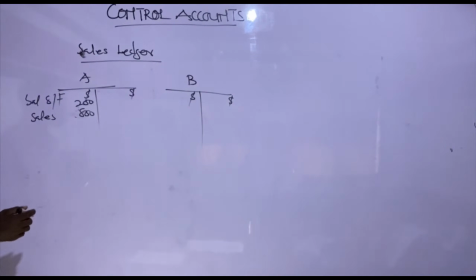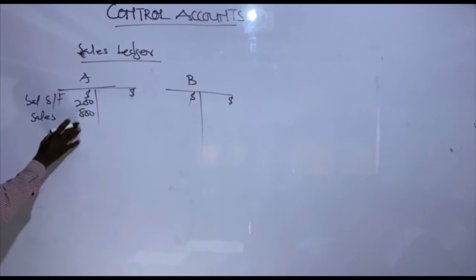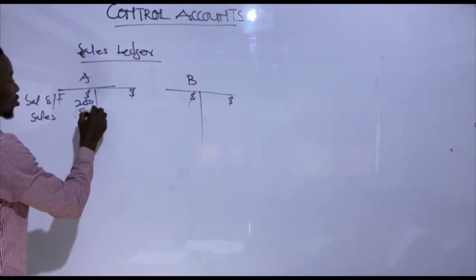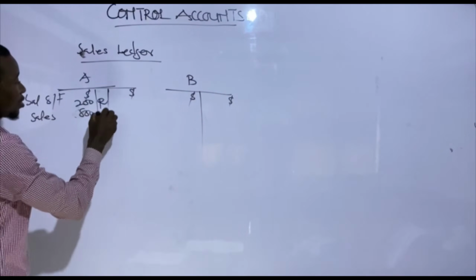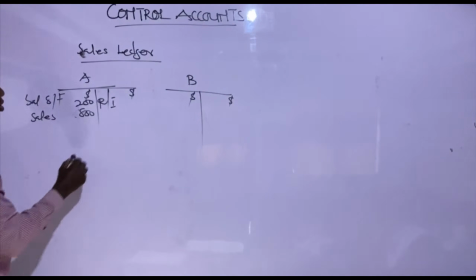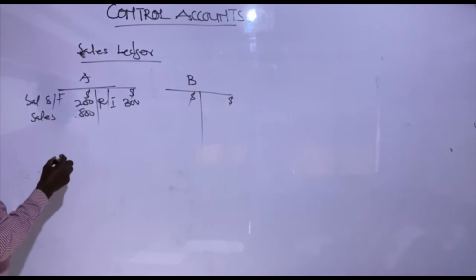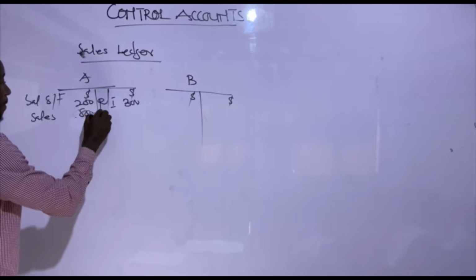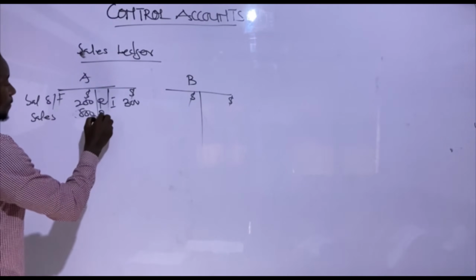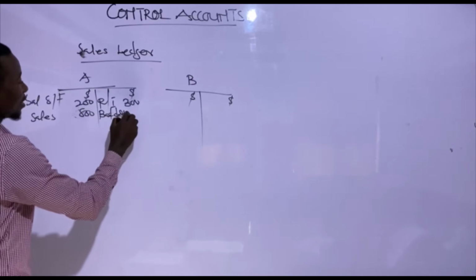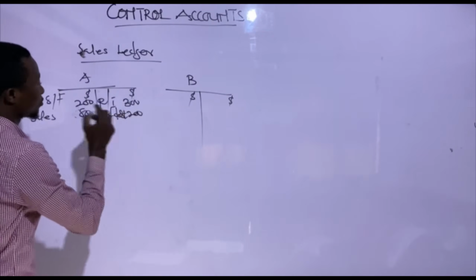Because when there is sales, we credit sales and debit the debtor or the customer. We could have maybe a return invoice of, let's say, 300. We could also have bad debts of, let's say, 200.